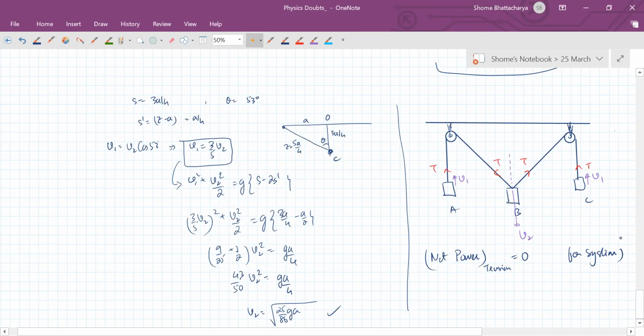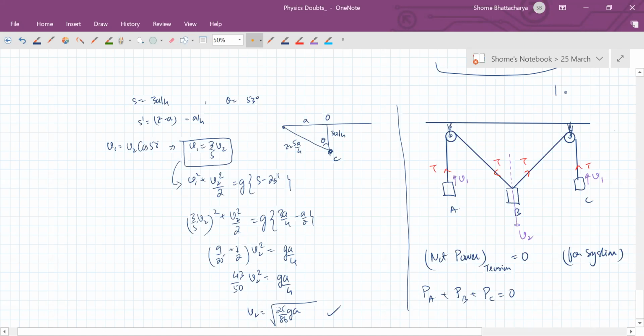This statement is clear now, Shikhar? So power delivered by tension on A plus power delivered on B plus power on C should be 0.